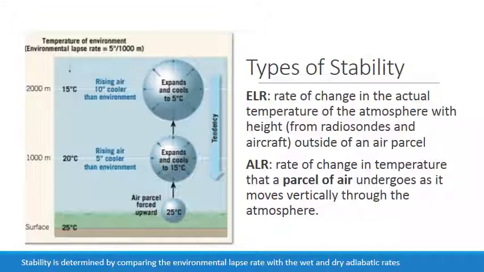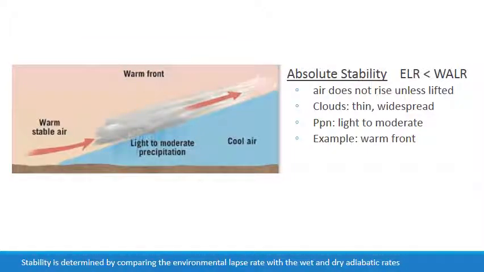So now we can look at three fundamental conditions of the atmosphere. Those three conditions are absolute stability, absolute instability, and conditional instability. When the atmosphere is under absolute stability, the environmental lapse rate is lower than the wet adiabatic lapse rate.